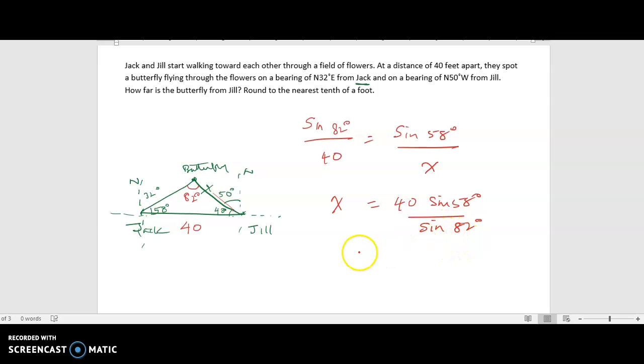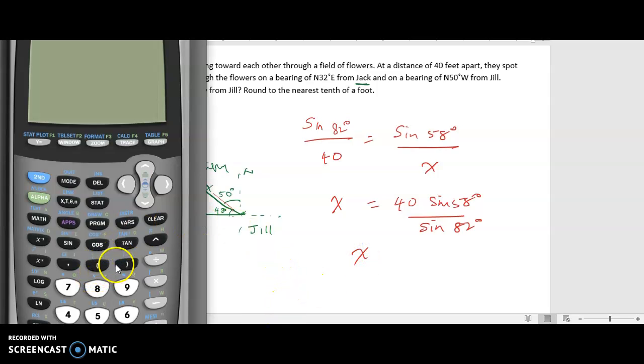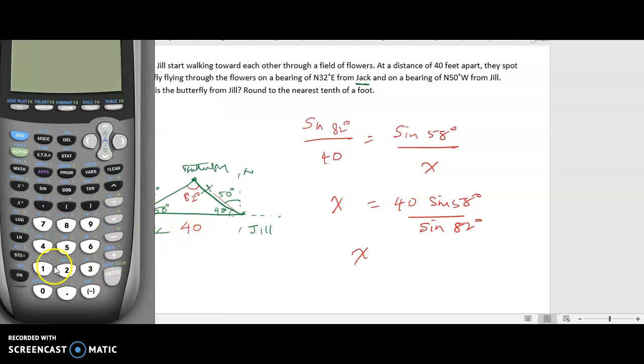You can use a calculator. Let's use it quickly. So 40 sine 58, close, divided by sine 82, close it.